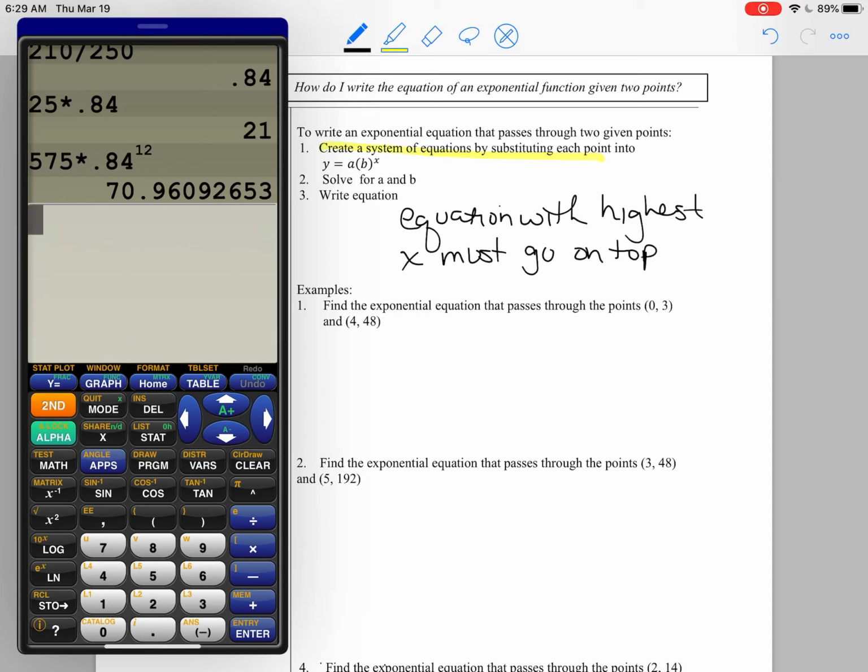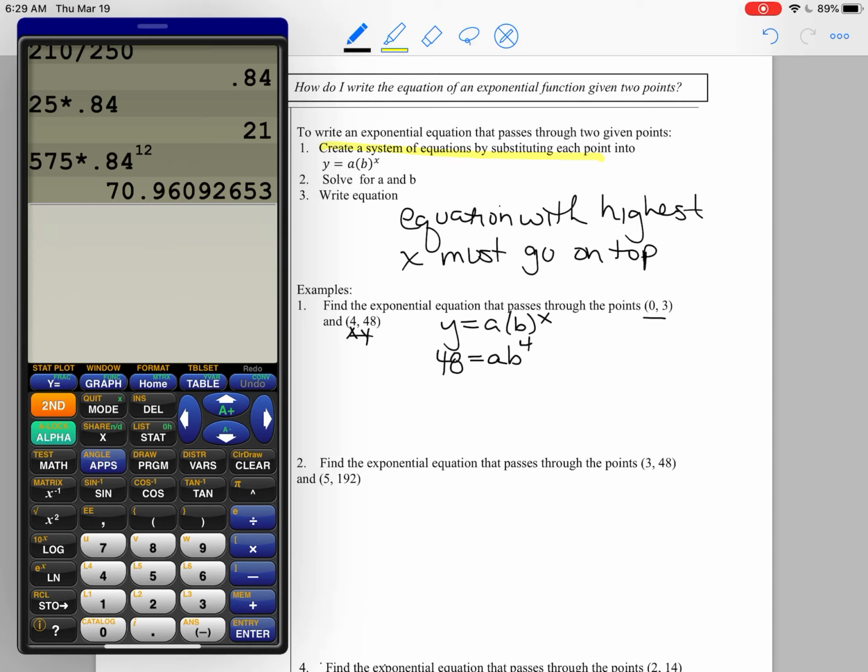Okay. So if I look at the 2 points it gave me, the biggest x is the 4. So x is 4, y is 48. Using my equation, which is y equals ab to the x, I'm going to put 48 equals ab, and we don't have to use the parentheses, to the 4th power.